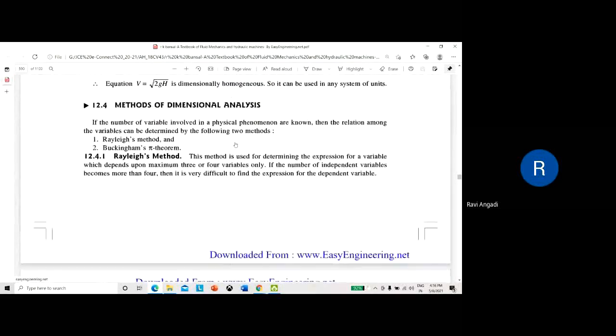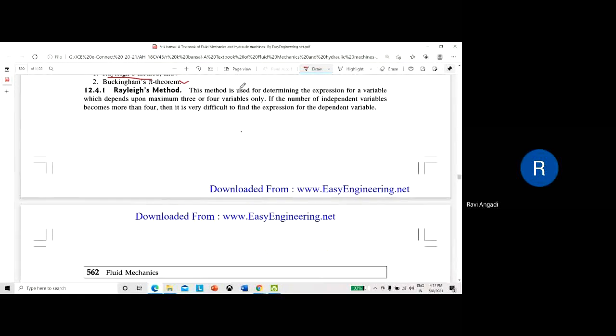As I discussed previously, if the number of variables involved in a physical phenomenon is known, then the relation among the variables can be determined using the following 2 methods: the Rayleigh method and the Buckingham Pi method. The Rayleigh method is used for determining the expression for a variable which depends upon a maximum of 3 or 4 variables only.